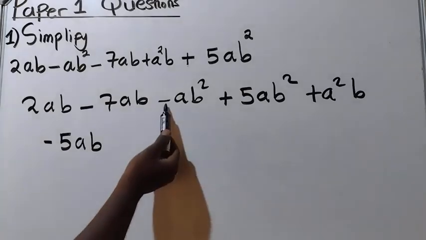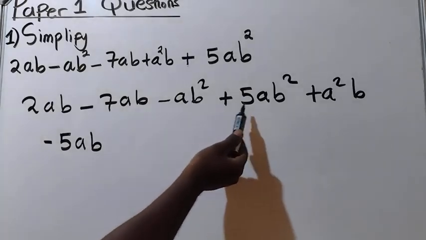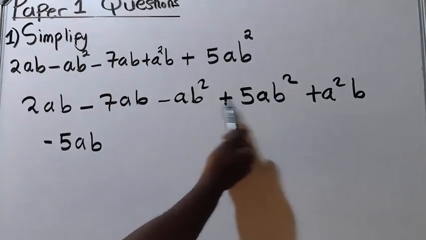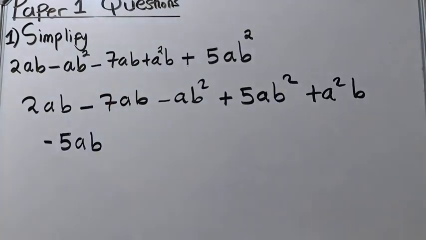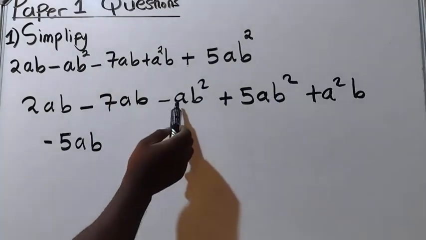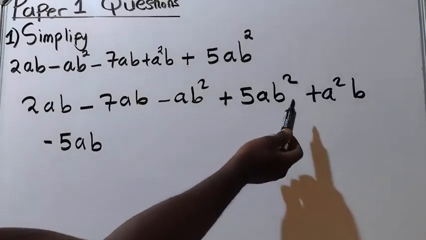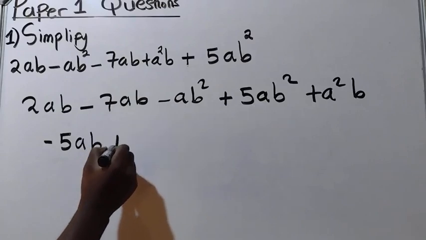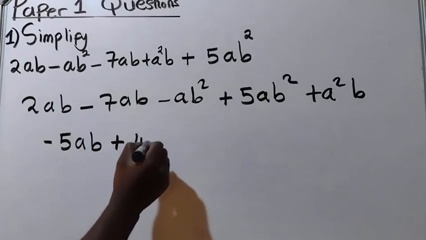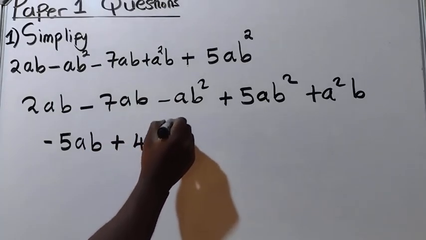Then we come here, negative ab squared plus 5ab squared. So you can see these terms are like terms, not so? So this one simply means 1ab squared plus negative 1ab squared plus 5ab squared, which will give you a positive 4ab squared.